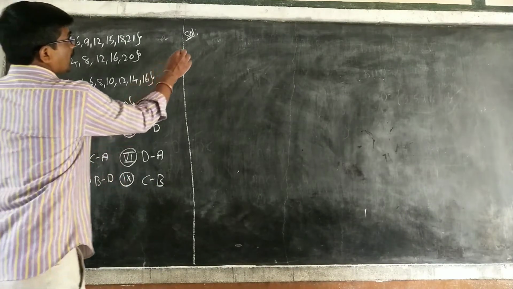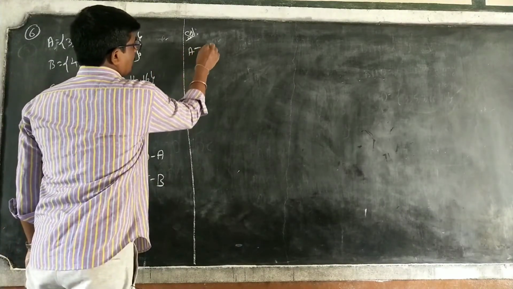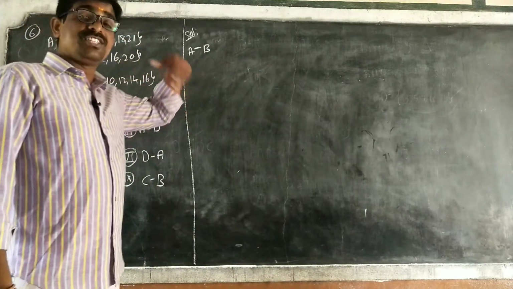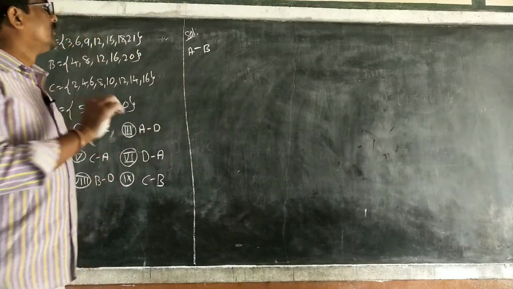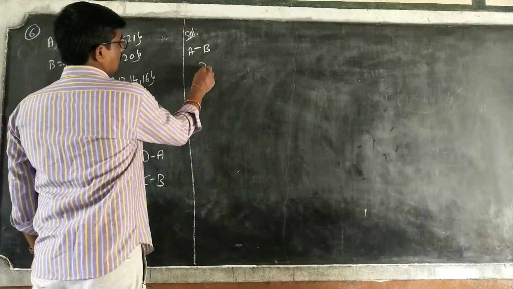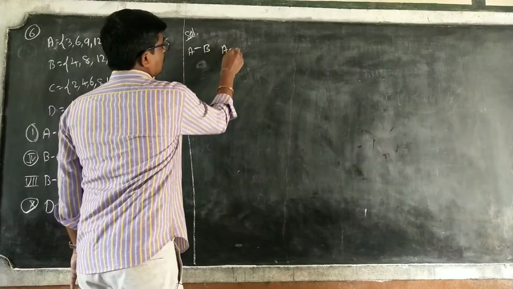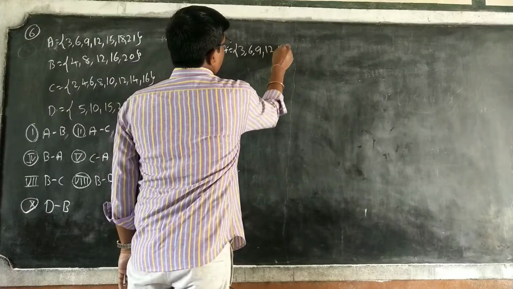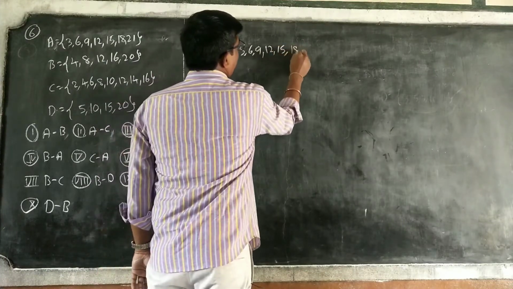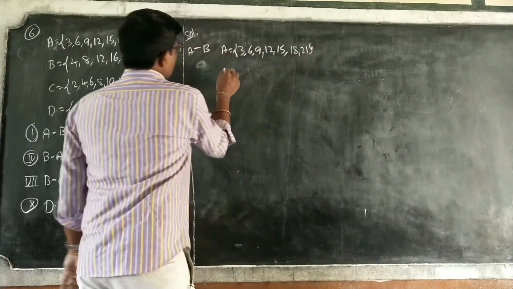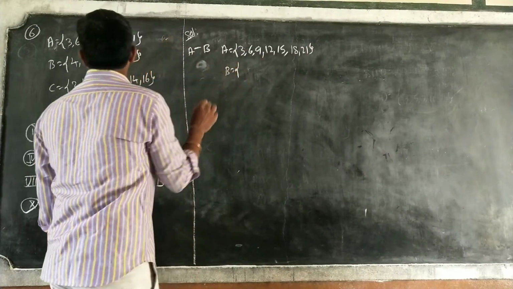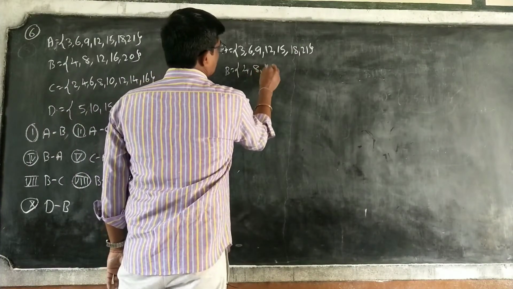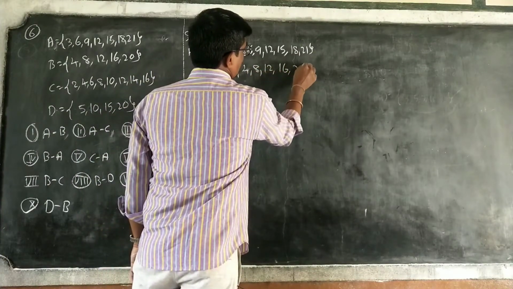First, I am going for A minus B. What is A minus B? The elements which are in A, not in B. First, I am writing A is equal to 3, 6, 9, 12, 15, 18 and 21. B is equal to 4, 8, 12, 16 and 20.